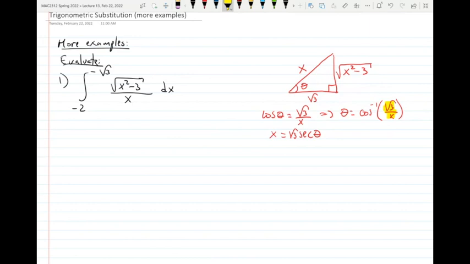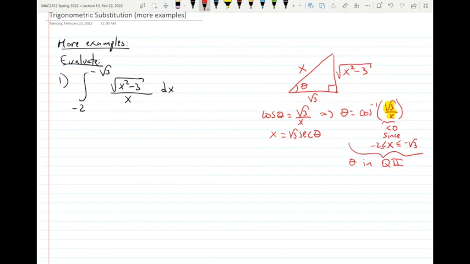Does that make sense? So this right here is less than 0, since x is between negative 2 and negative square root of 3. That tells me that theta is in quadrant 2. Do you understand this? Whatever we do from now on, let's keep that in mind.